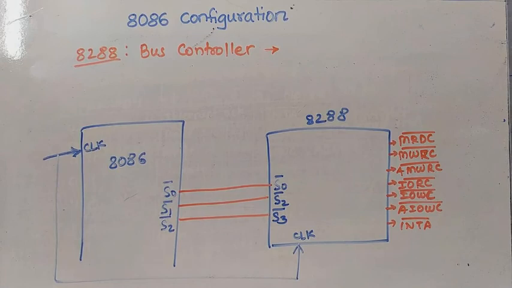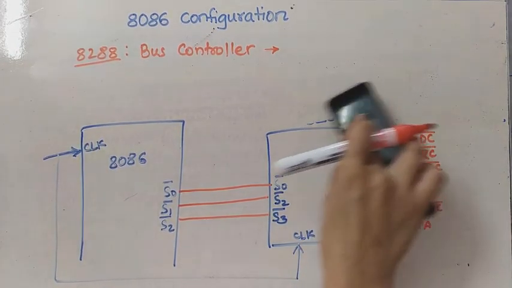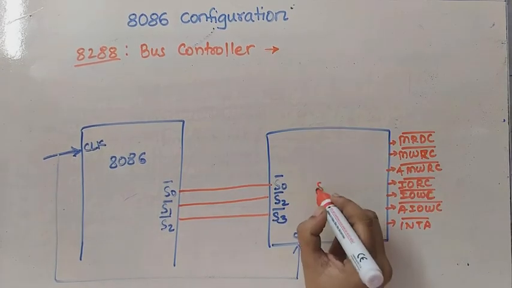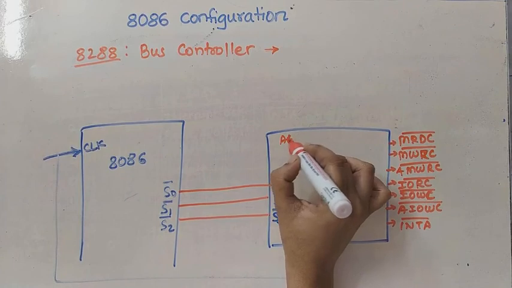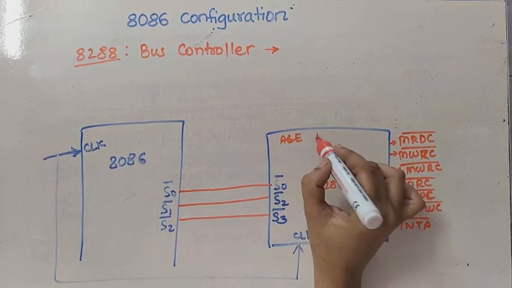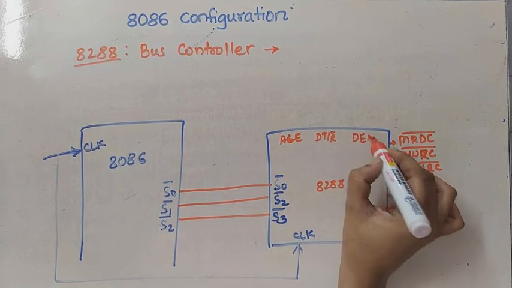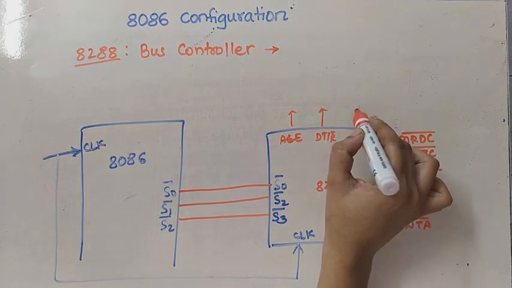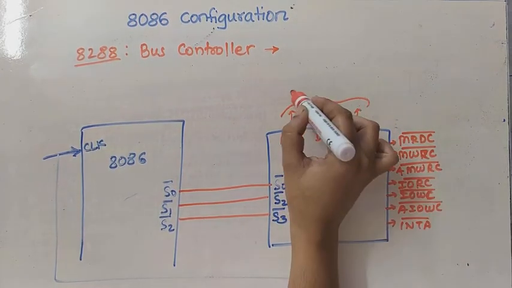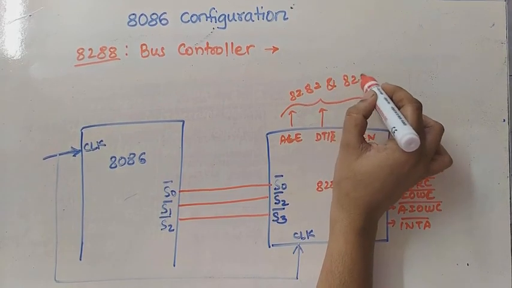Here, this 8288's ALE, then data transmit receive bar, and DEN pins are connected to the 8286.